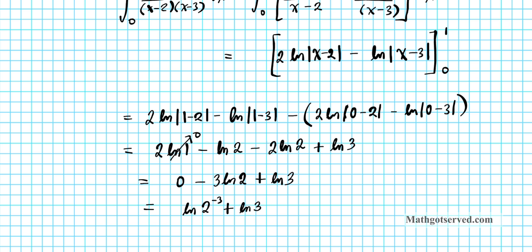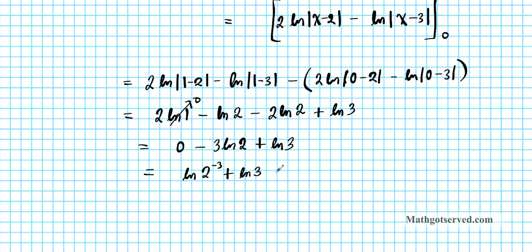Then using the product property of logarithms, I can write this as the natural logarithm of 2 to the negative 3 times 3. And then we know 2 to the negative 3 is, we can just write this as the natural logarithm of 3 over 2 to the third, which is 8.